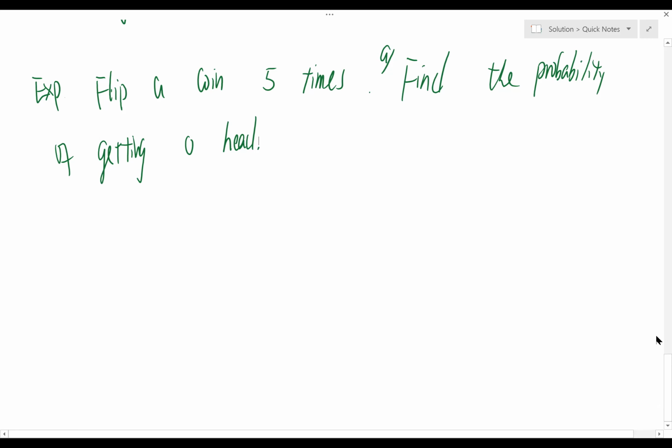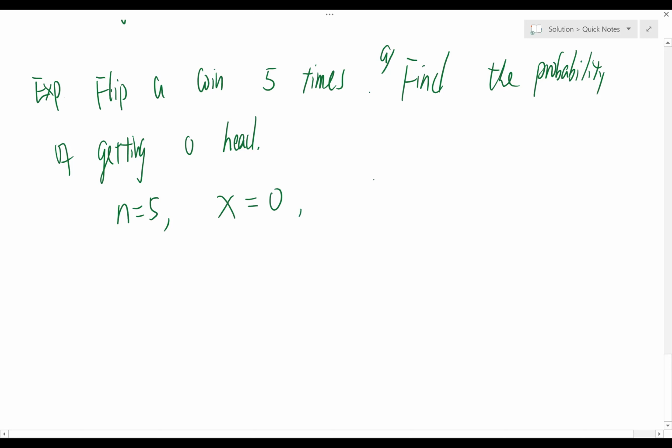We analyzed this earlier. So flipping a coin 5 times satisfies all 4 conditions, so it is a binomial probability distribution. Now, once you confirm that, we just need to know what n is. N is 5, we have 5 total trials, and we know x, 0 head, meaning x equals 0.